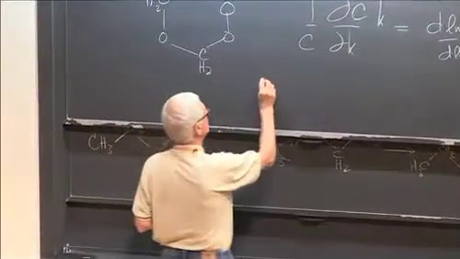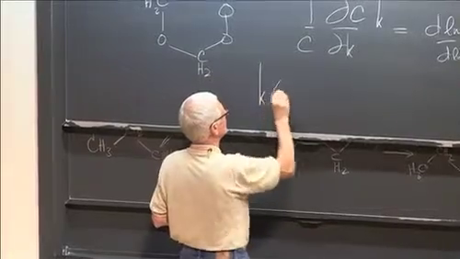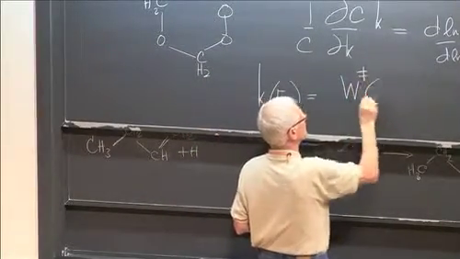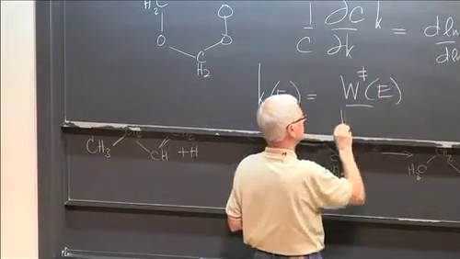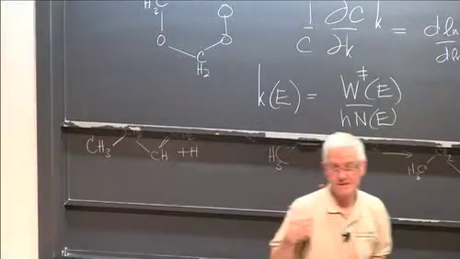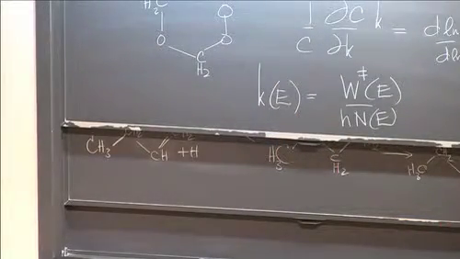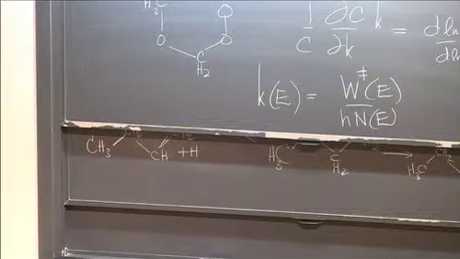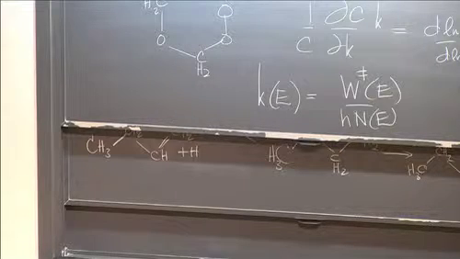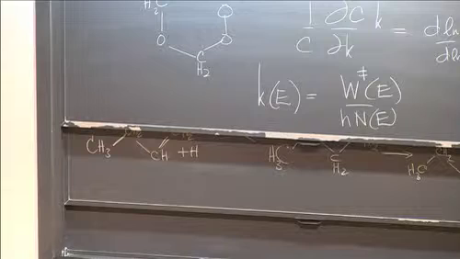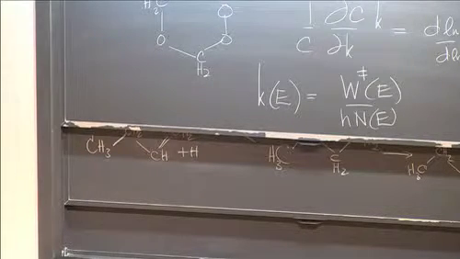So basically, what you're doing with RRKM is you're saying that the microcanonical rate constant is that. And so it's a statistical model, and some people argue that in some circumstances statistical models don't always work, and that's certainly true. But within the limitations of a statistical model, it's a good approach.